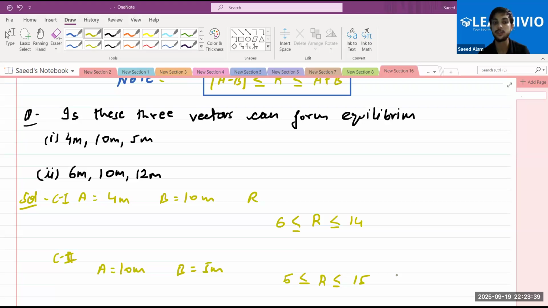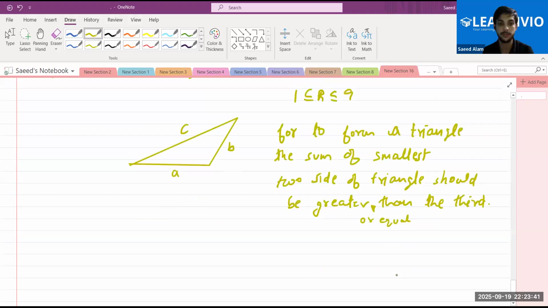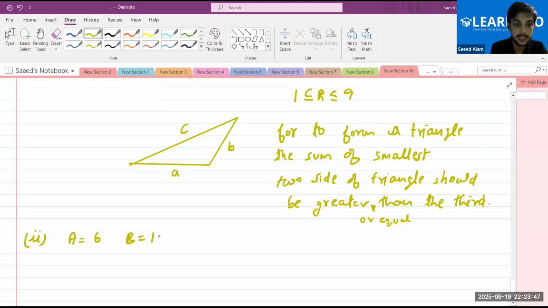If 6 and 10 we choose, we'll solve it using one case only, that we take A to be 6 and B to be 10. If I get the resultant of A and B, it will lie in between 4 and 16. Does 12 lie in between 4 and 16? Yes, 12 lies in between 4 and 16. So I can say that yes, it is possible by doing so.